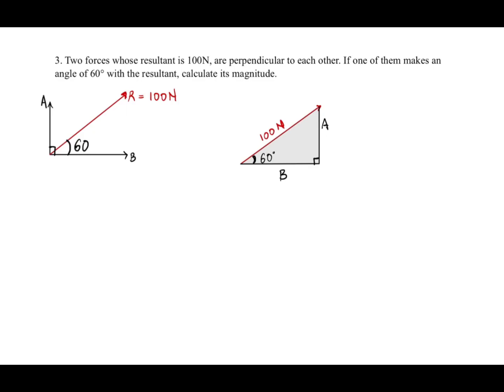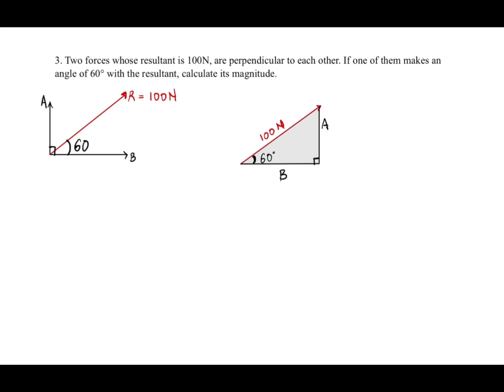So now we have a triangle, we have the angle, and we have the length. We can treat the force here of 100 as a length. That doesn't mean it's a length, it's still a force, but we're going to treat it as a length to simplify our problem.